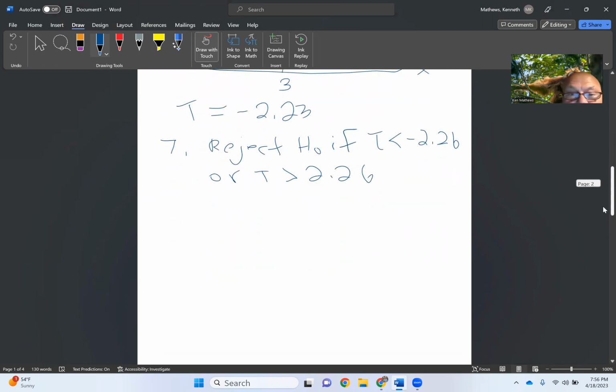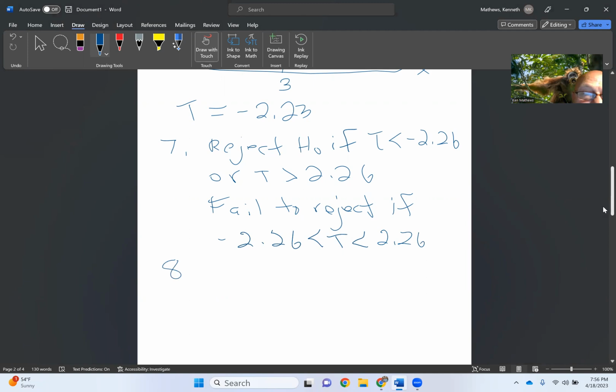And then we're going to fail to reject if negative 2.26 is less than T, which is less than 2.26.